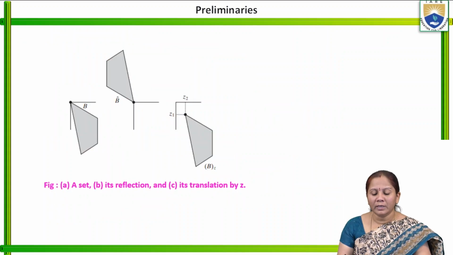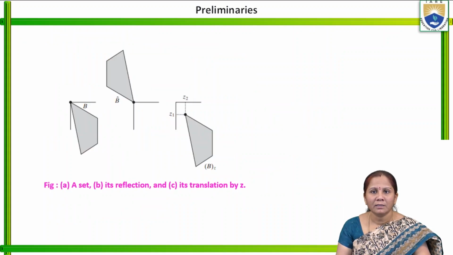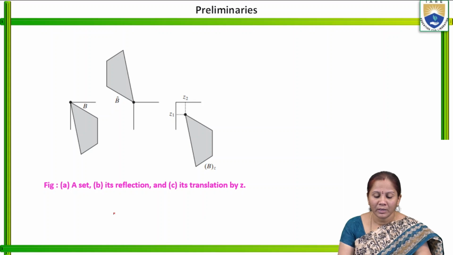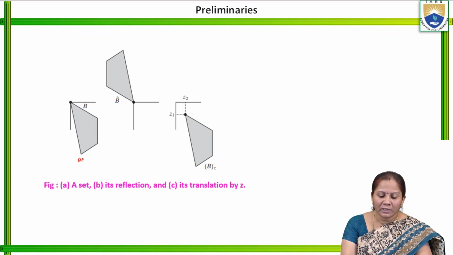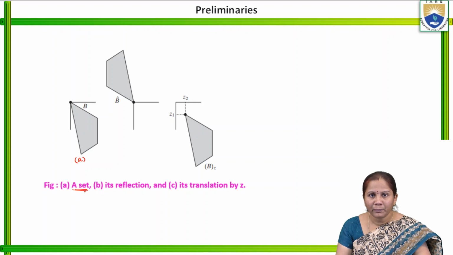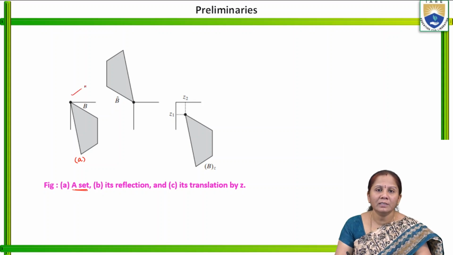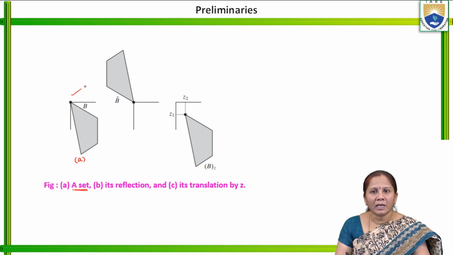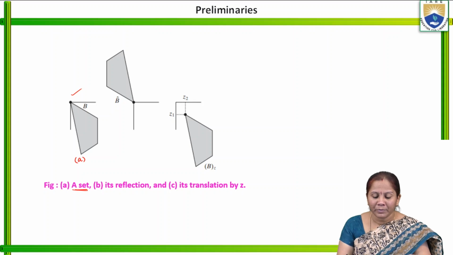And here this figure shows reflection and translation when one input is considered. So this is figure A, which indicates one set. This is the set we have considered. If we apply translation and reflection, how will it look?